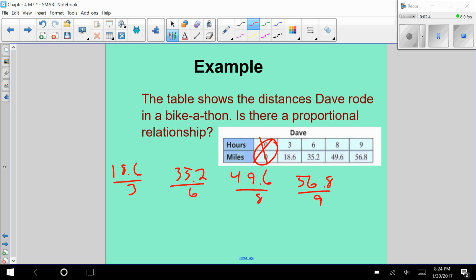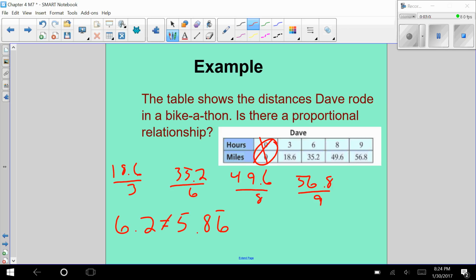So now let's do the math to figure out what these simplify to. 18.6 over 3 is 6.2. 35.2 over 6 is 5.86 repeating. Those are not equal. Right off the bat there, I know the answer is not proportional.